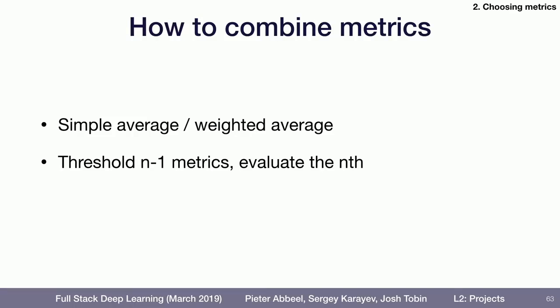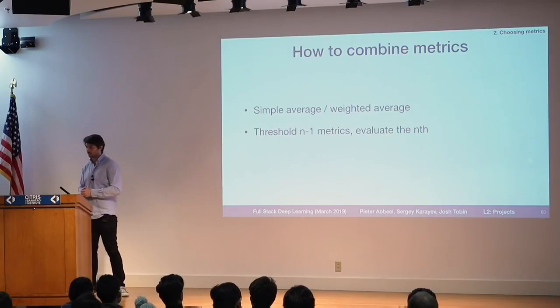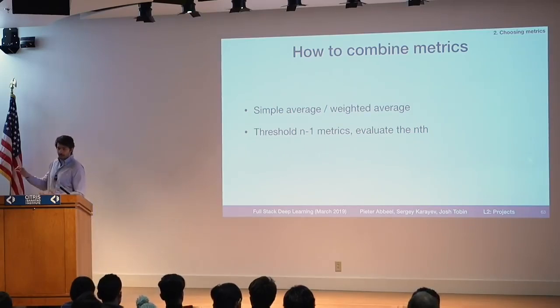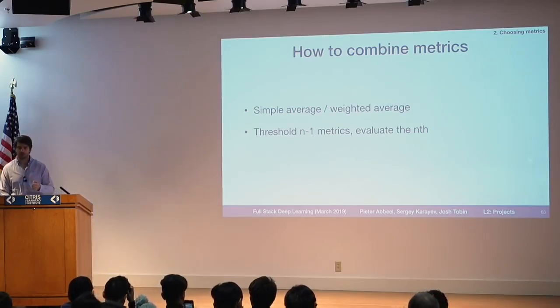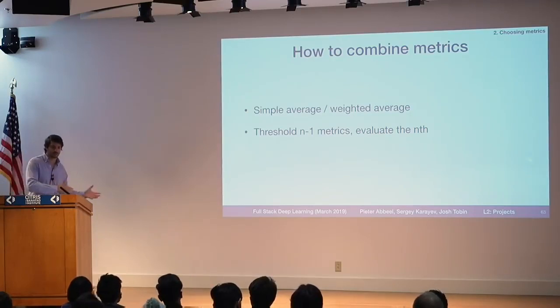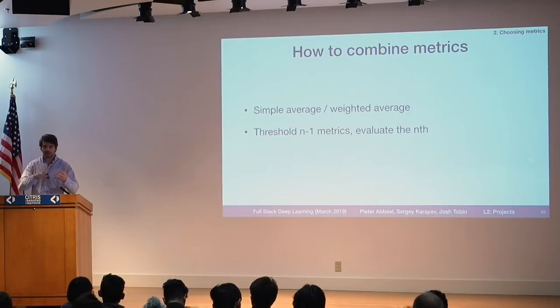But another thing that's very common that you'll see for different types of metrics is you pick n-1 of your metrics, and you just set a threshold for those. So you say we're only going to consider models that are above this threshold on this metric. And then we take the last metric, and that's the number we're actually trying to drive down.